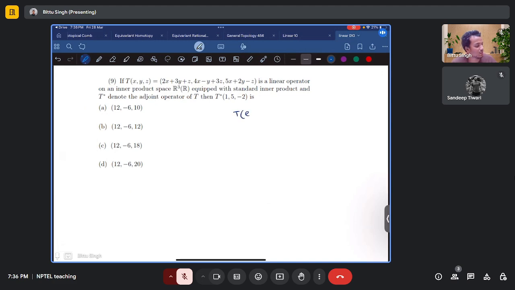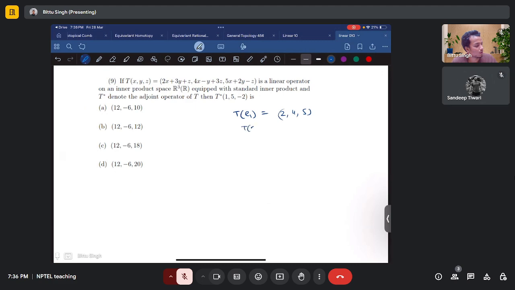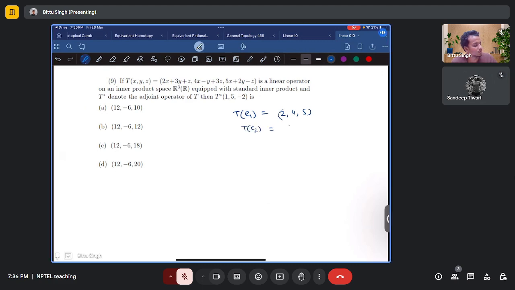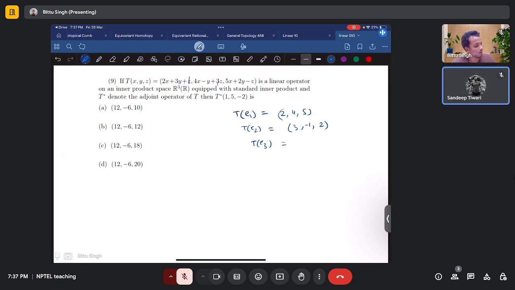So we can see that T of (1, 0, 0) is the same as (2, 4, 5). T of e2 is the same as (3, minus 1, 2), and e3, meaning (0, 0, 1), gives (1, 3, minus 1).